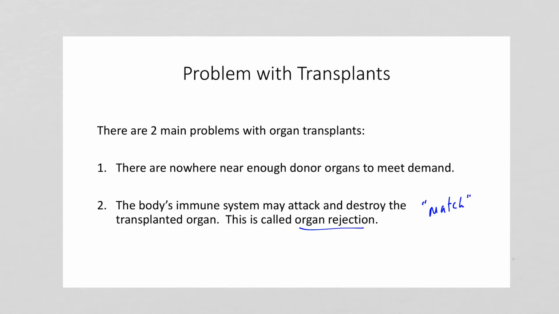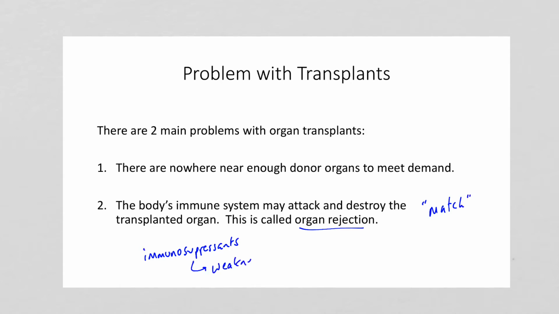So people who get organ transplants, even if it's from a family member, unless it's an identical twin, they're going to have to go on what's called immunosuppressants. That's not how you spell suppressants, but that's okay, we get the point. And an immunosuppressant is literally something that weakens the immune system.